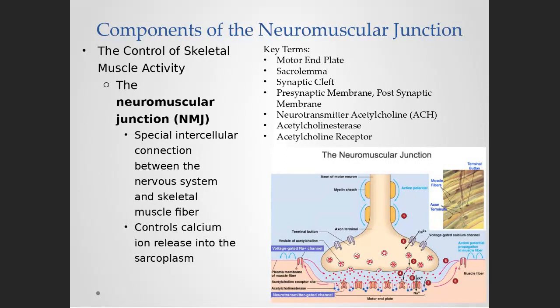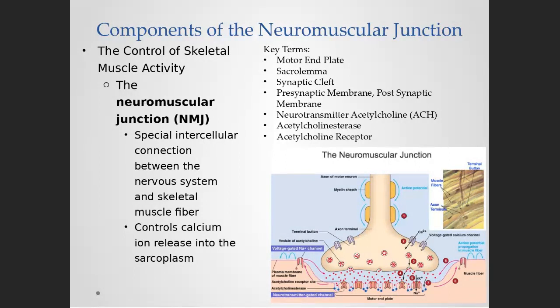All right, this part of the sarcolemma of the muscle fiber. Okay? All right. The sarcolemma is the entire membrane of the muscle cell. So the sarcolemma is the entire membrane.